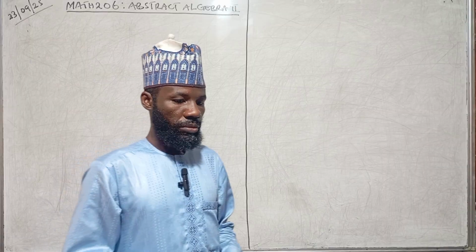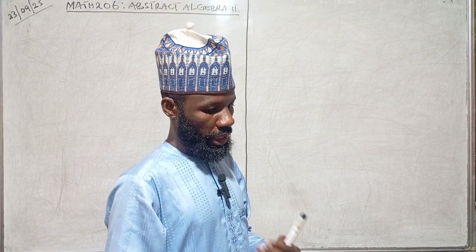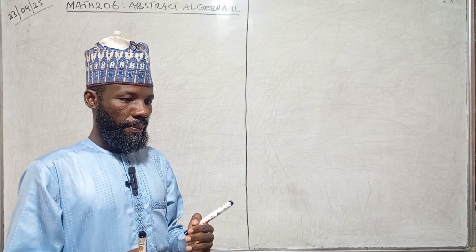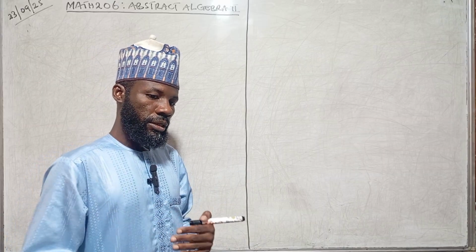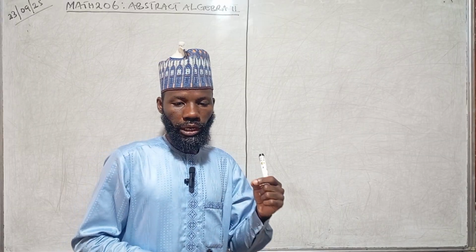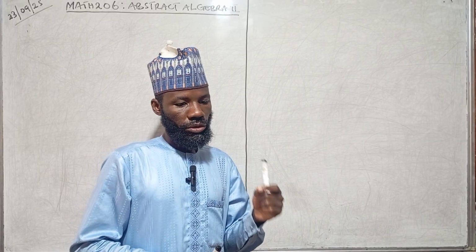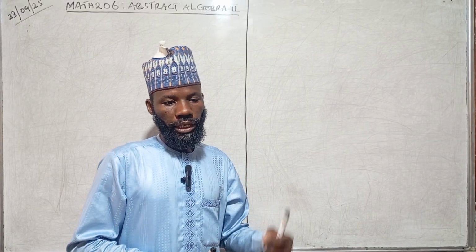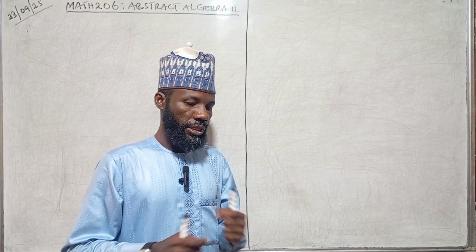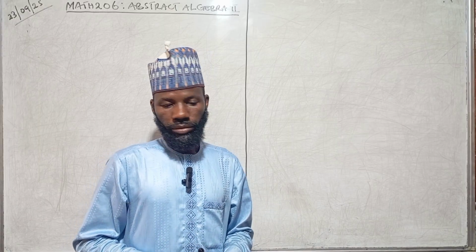One of the remarks we make about Lagrange's theorem is that the converse is not generally true. The converse says that if a number is a divisor of the order of the group, then there will be a subgroup whose order is equal to that number. This statement is not generally true.